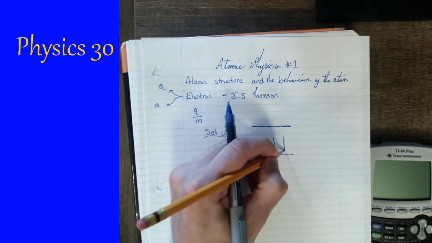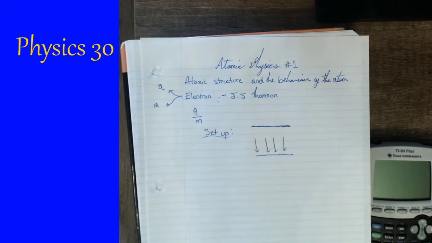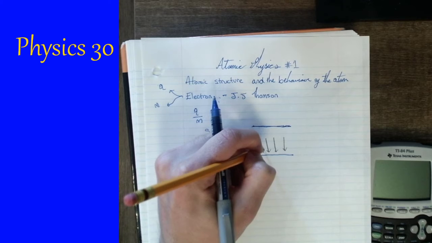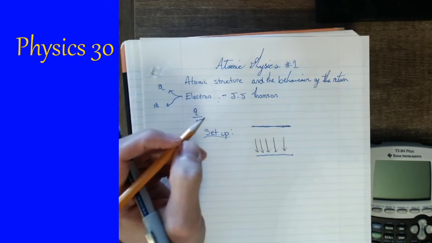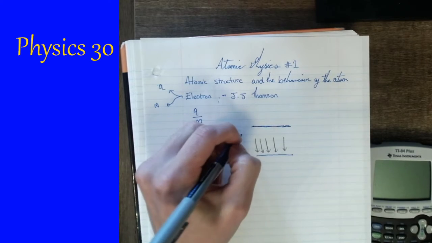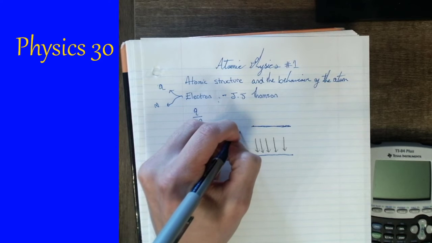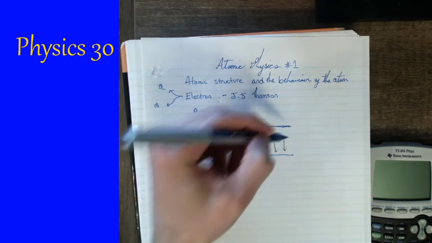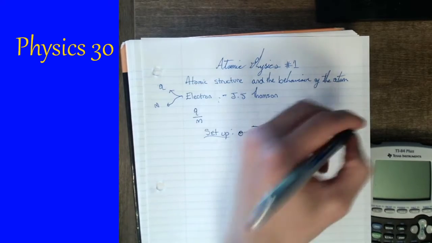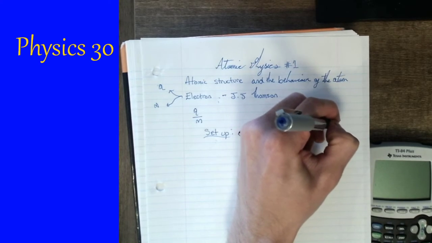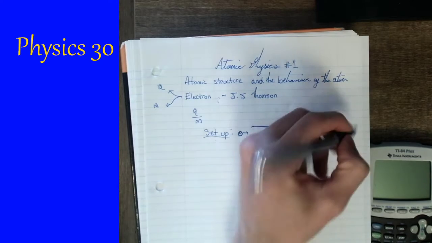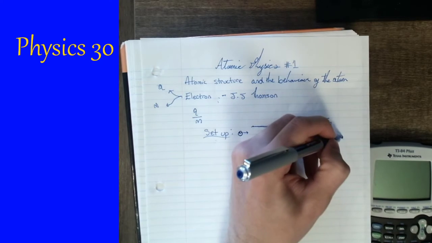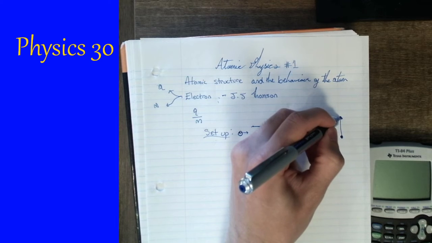And so remember, an electric field, if we think way back when we first described electric fields, points in the direction that a positive charge would flow in. So when we send our negative electron through, it's going to actually bend upwards. So we're going to have an electric force on the electron. And so here's kind of like a force diagram. We're going to have an electric force that points upwards.